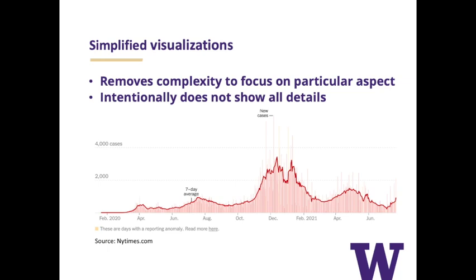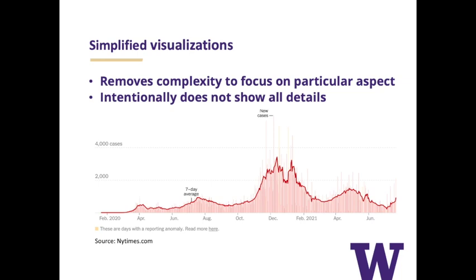So for instance, these are simplified representations. They're simplified because they help us remove the complexity to show a particular aspect that we want to focus on. It intentionally does not show all the details. Even here, you can see there's these extra little lines that pop up because of anomalies that happen with reporting on the weekends and then those data getting aggregated.